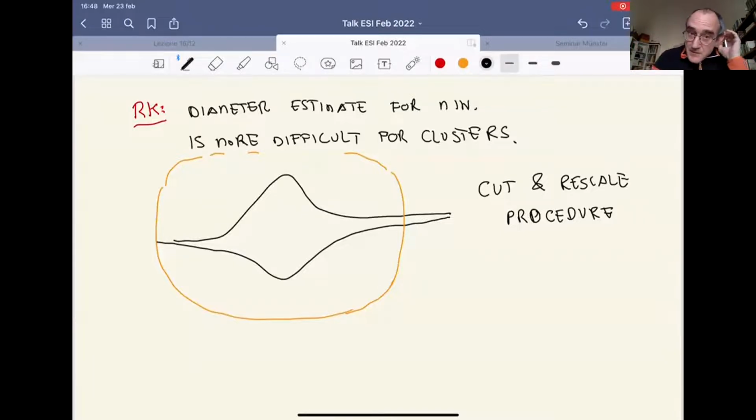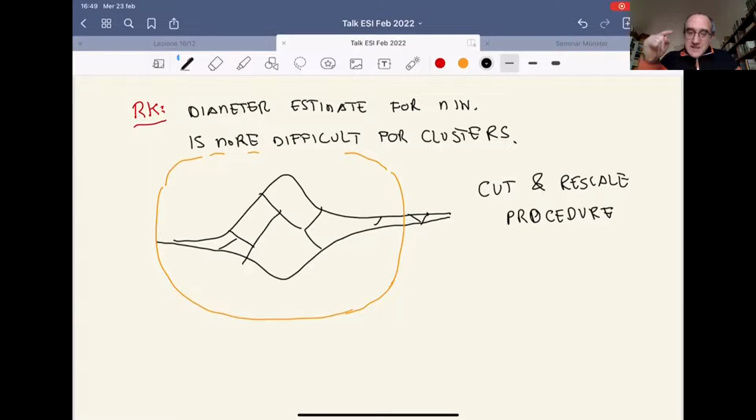Now, what is the problem for clusters? Once you cut, if you have a cluster here, so a cluster of different parts, once you cut, you're not cutting all the chambers by the same amount, so you cannot rescale. So the cutting is okay, but the rescaling you cannot do in the same way.